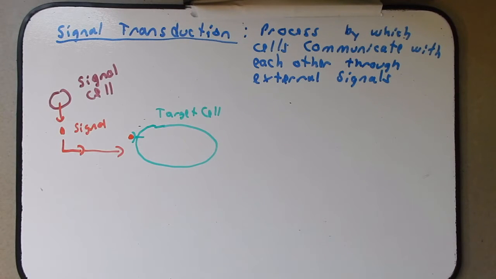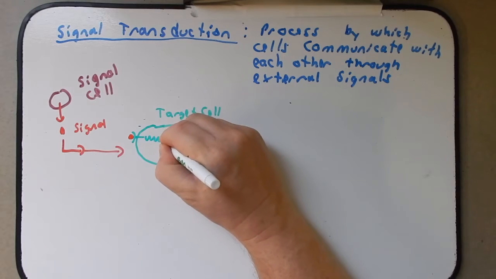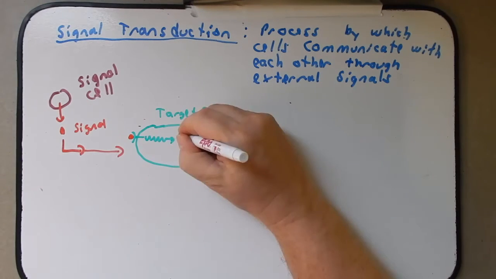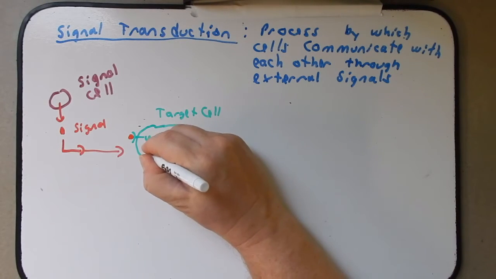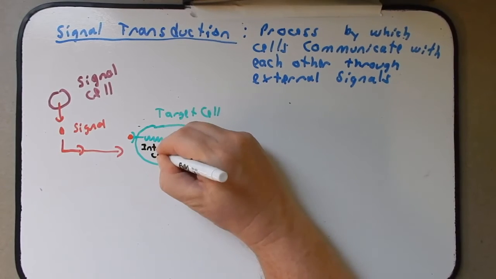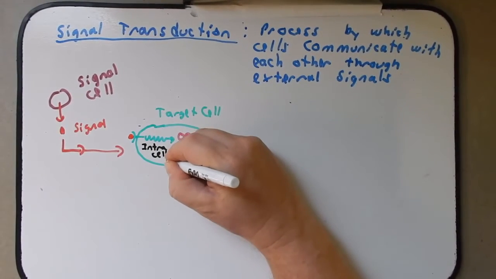When it binds to the outside of that cell, a signal will happen, and maybe there's a protein inside the cell that will respond to that signal. So right here, let's label this as an intracellular signal.